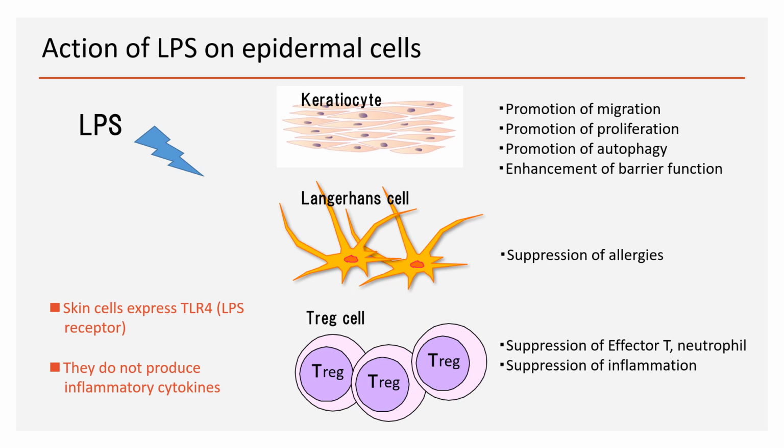Langerhans cells, which are very similar to macrophages, act to suppress allergies. Treg cells, which suppress inflammation, enhance anti-inflammatory functions such as suppression of neutrophils that release active oxygen. As such, LPS acts on the epidermal cells to enhance skin immunity.